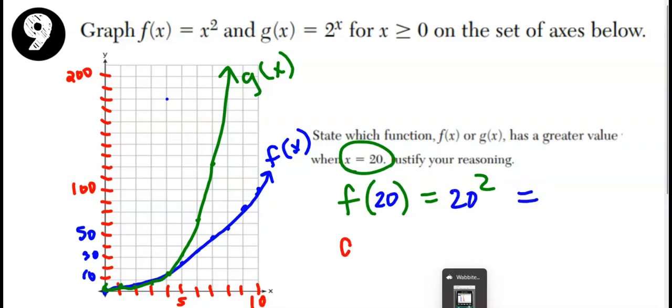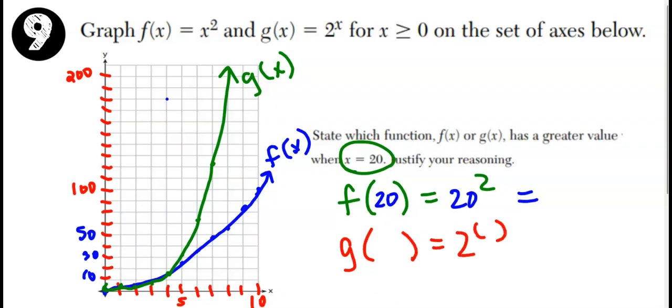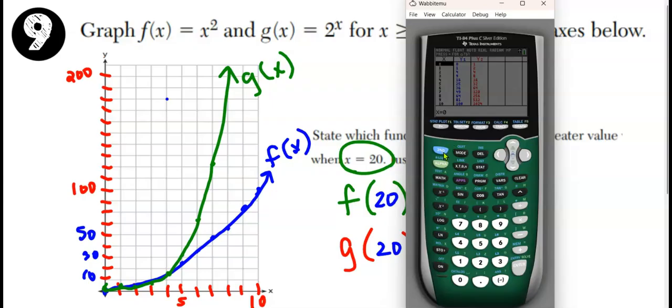And then for g of x, same would be true. 20 here and a 20 there. So I can compute. Or I can set my table to start at 20. Table set, start at 20. And now I can take a look.